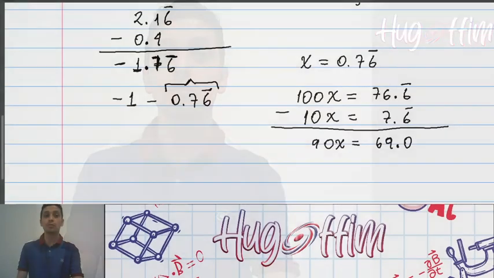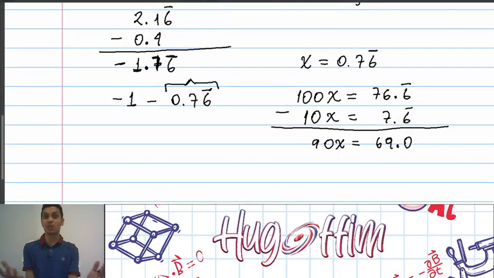Oh, I'm sorry, I was doing everything and I wasn't showing the screen. Let me repeat again. Let me show you very quickly. My number is -1 minus 0.76 periodic. x is 0.76 periodic. 100x will be 76.6 periodic. 10x will be 7.6 periodic.